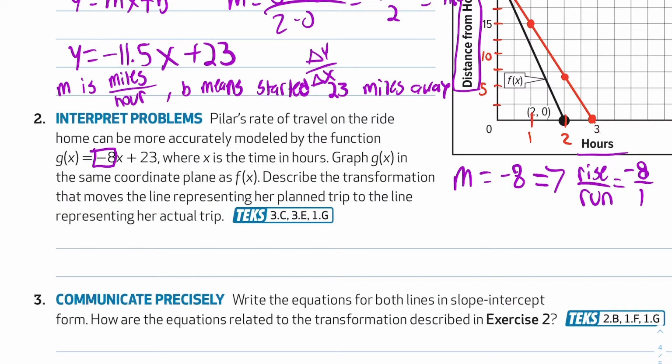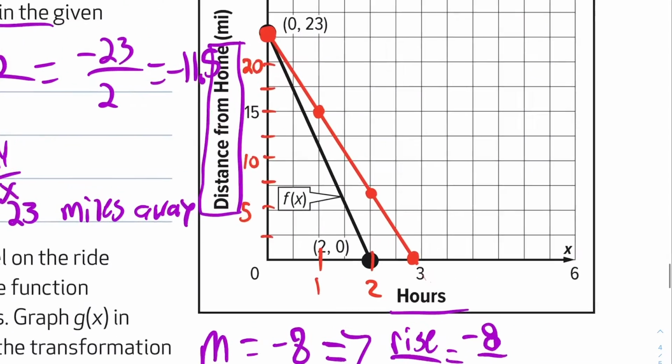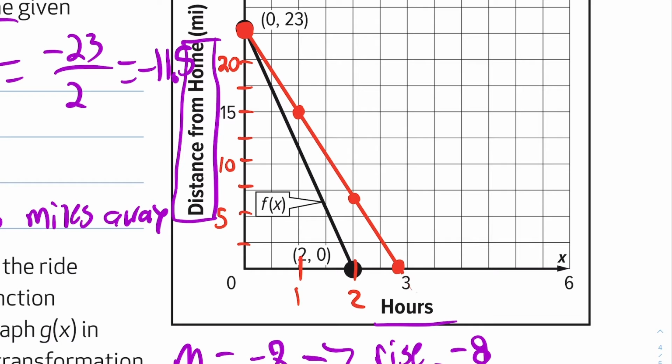Describe the transformation. Let's look at it and interpret it. We're at the same starting point because our y-intercept was the same. We're going to end up in the same spot because we're trying to go home, but the difference is how long it took for us to get home.